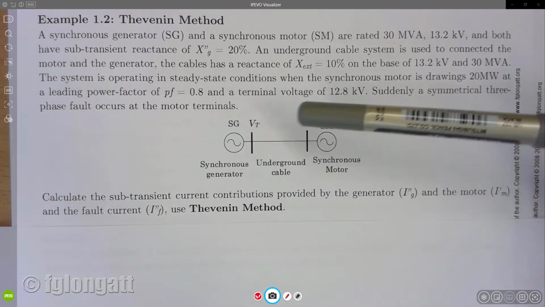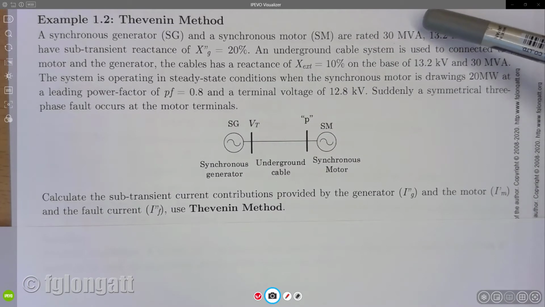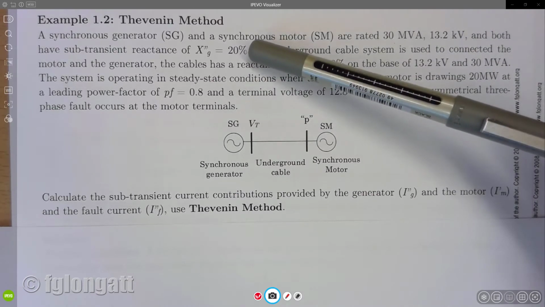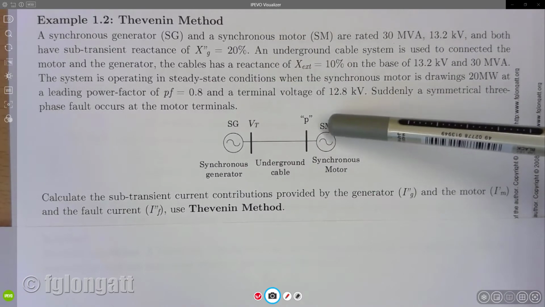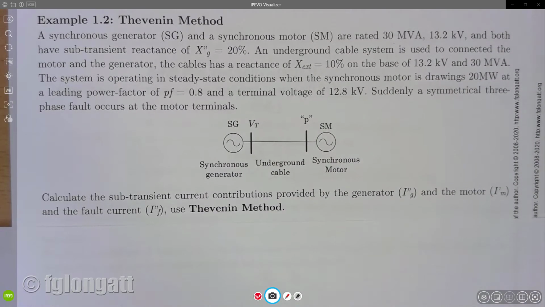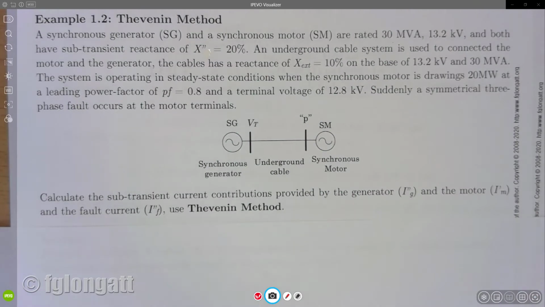We have again a synchronous generator, and this synchronous generator is 20 MVA and 13.2 kV. In those machines, we have the same sub-transient reactance. Both machines have the same sub-transient reactance.